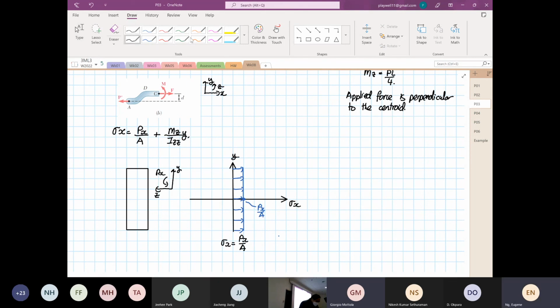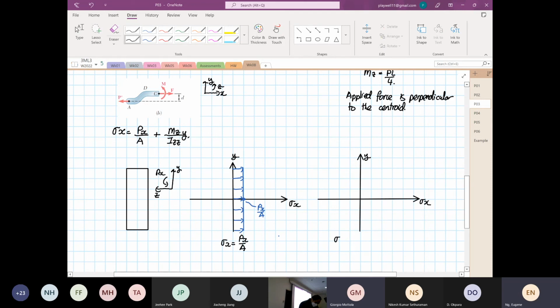Now I'm going to sketch our stress field due to the bending moment. This is our y, this is our stress x.